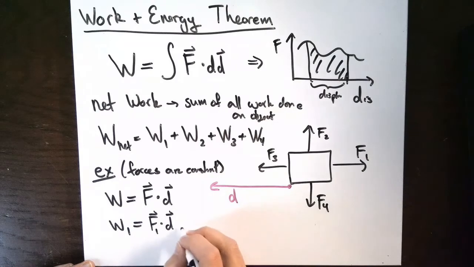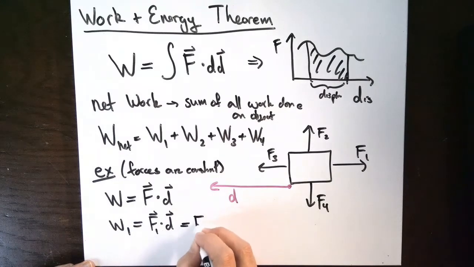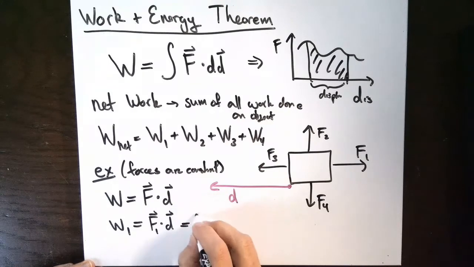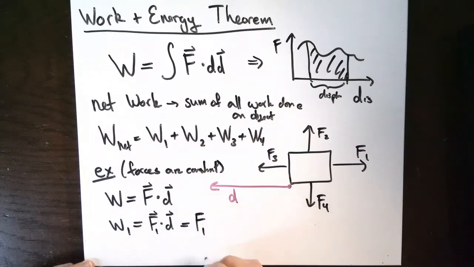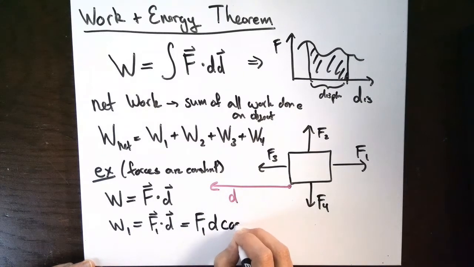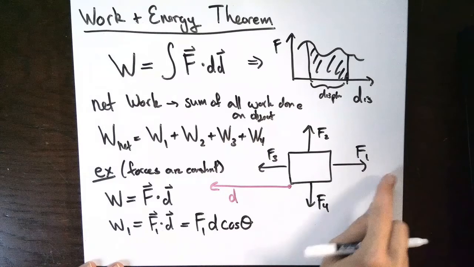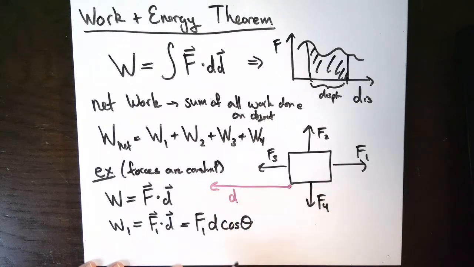And remembering what we learned about the dot product, that is equal to the magnitude of the two vectors, so the magnitude of force 1 and the magnitude of the displacement, or the length of how it's been displaced, and the cosine of the angle in between them. So here, force 1 is pointed that way, the displacement is that way, this angle is 180 degrees.